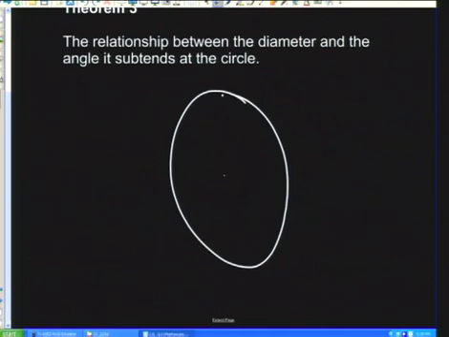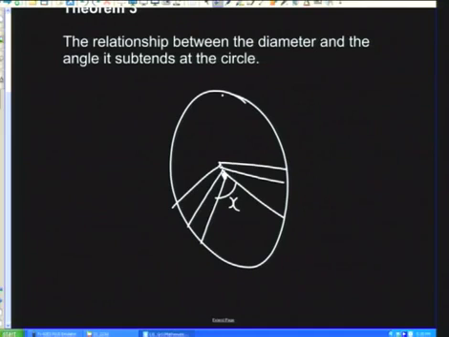But what happens if we have an angle, let's say of x, and I start opening up my radii, and I start opening up my radii? What happens is that at some stage, I'm going to get a diameter. And so the angle that's subtended at the center is actually this whole angle of 180.